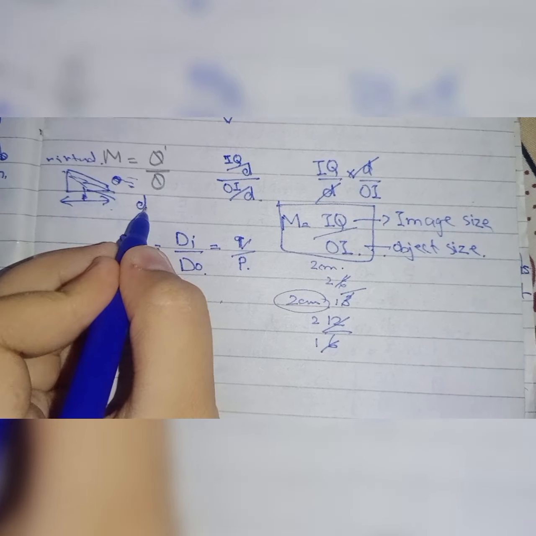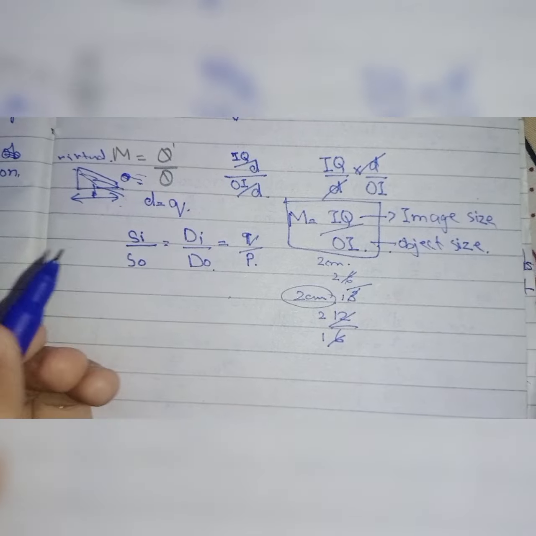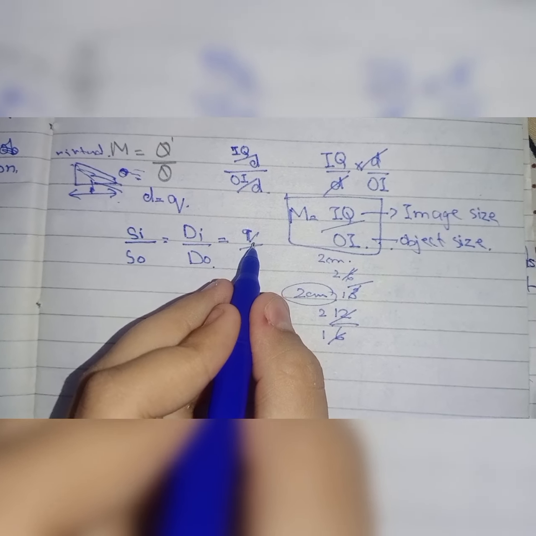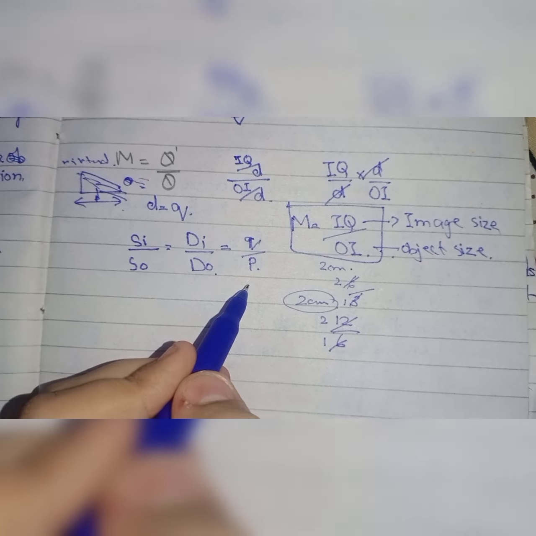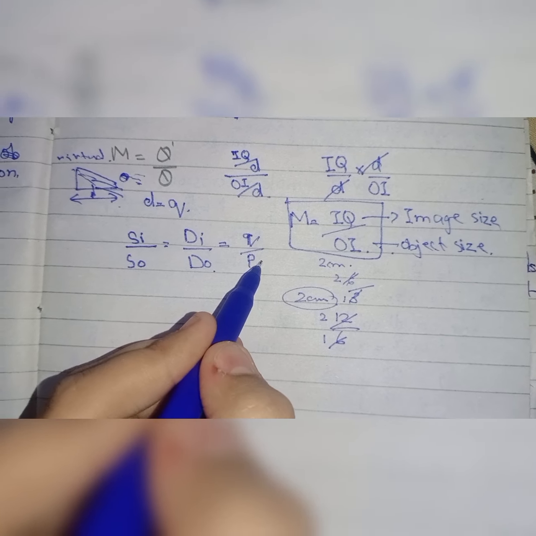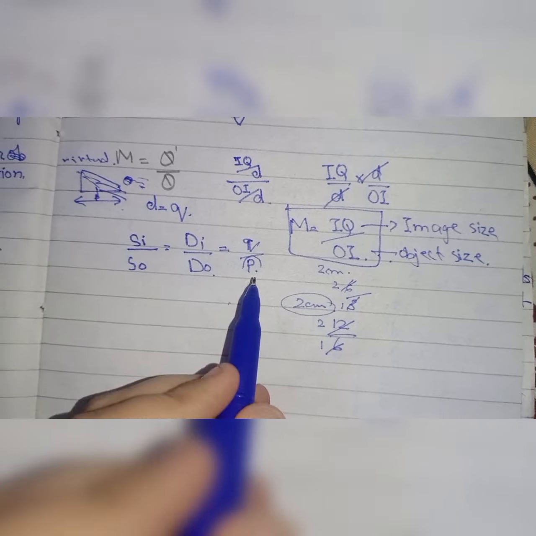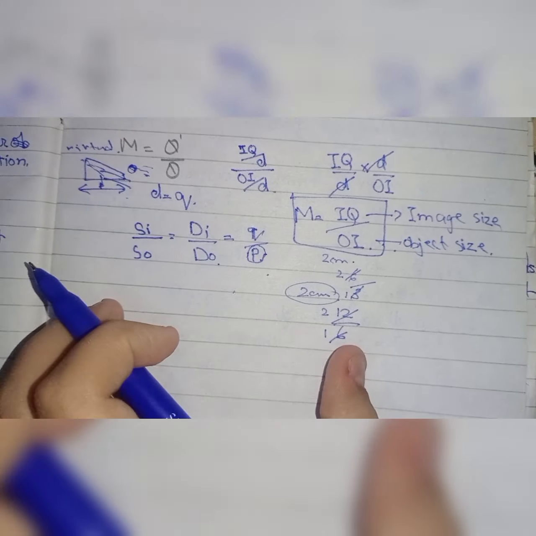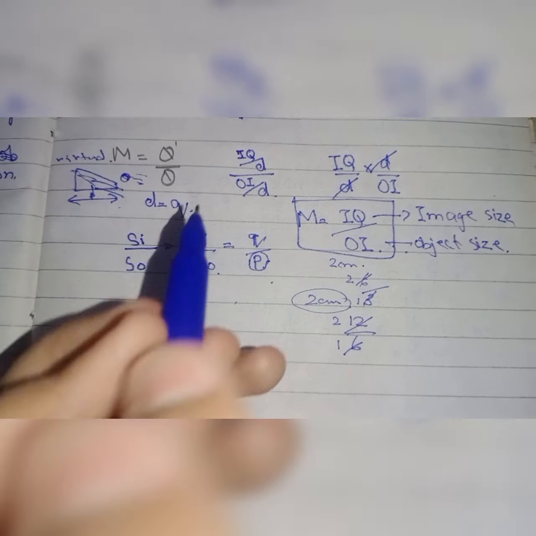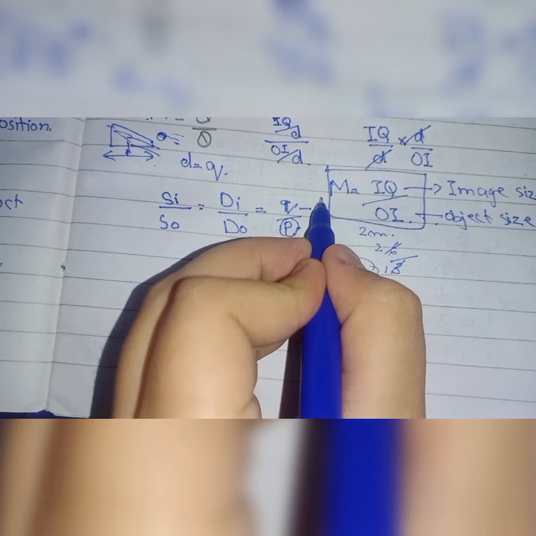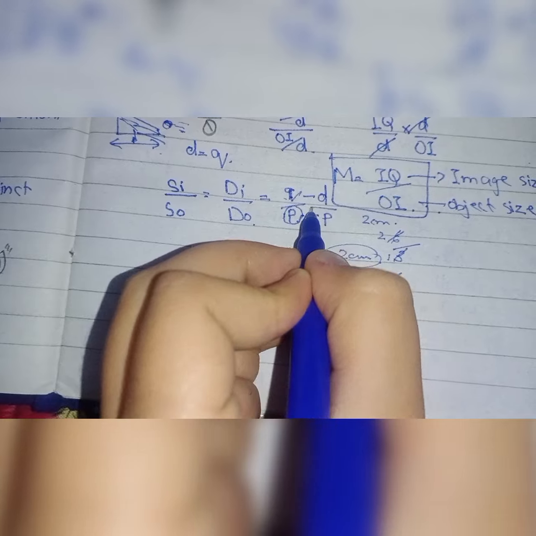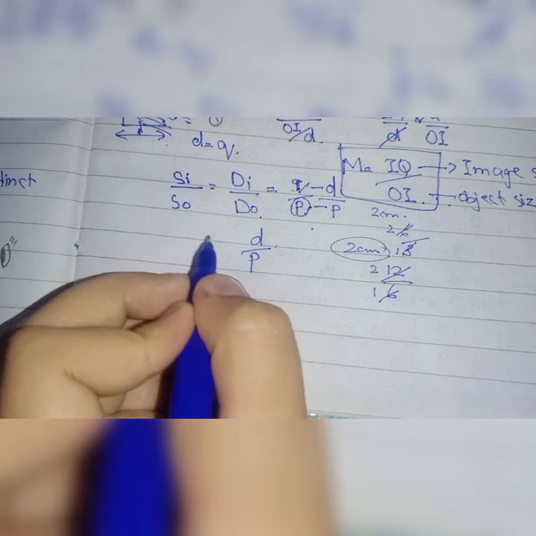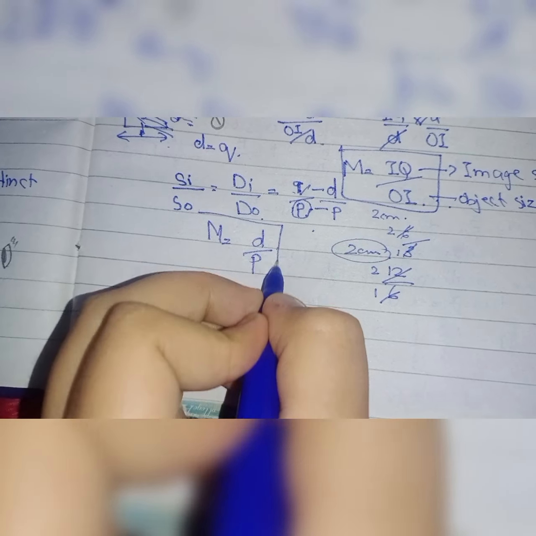So D is also represented by Q, distance is represented by Q. And the object which we have placed is represented by P. So here D is represented by Q, and here we have P. So this is Q upon P. This is the formula of magnification.